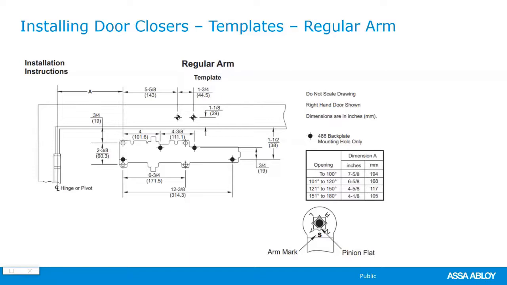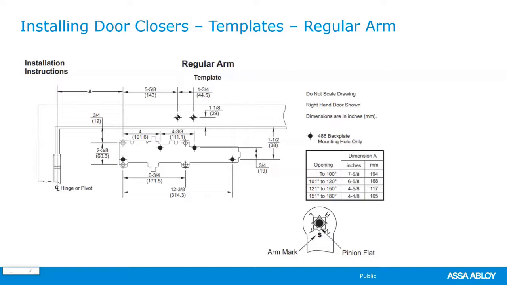That's just physics. That's the way it works. So at 4 1/8 inches, that door closer is going to be closer to the hinge. That's going to allow the door to open to 180 degrees. That also makes the door closer weaker. So the closer we get to the hinge, the weaker the door closer is going to be. So we need to balance those things.